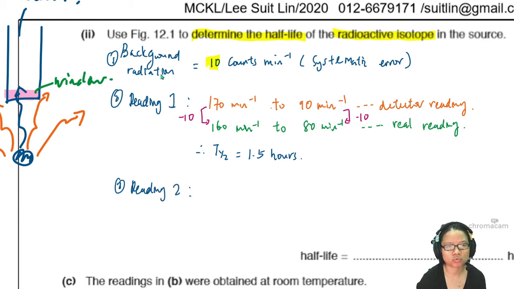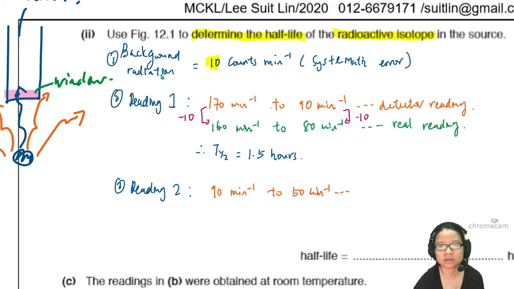Number 2. Reading 2, we took 90 minute -1 to 50 minute -1. This is detector reading. Okay, the real reading was 80 minute -1 to 40 minute -1.